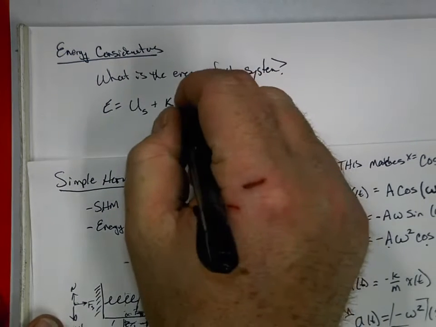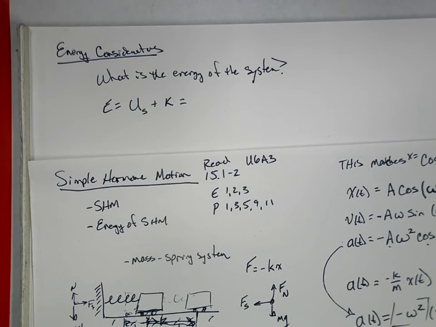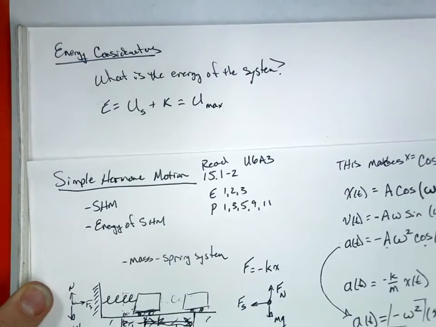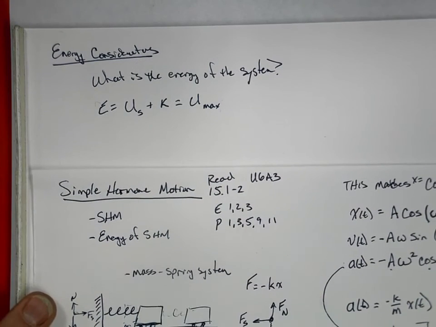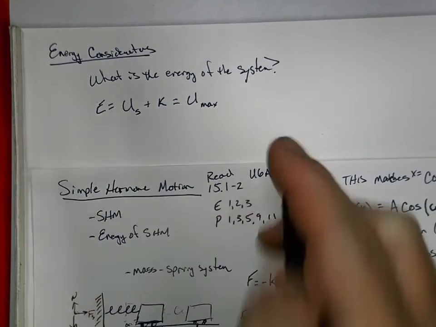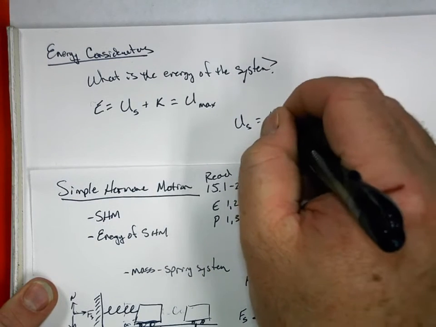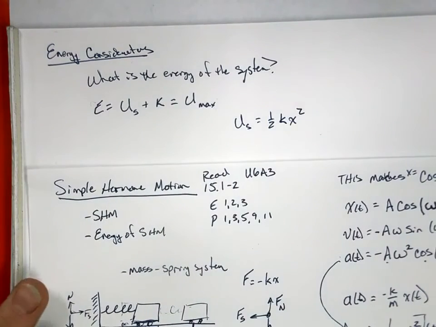And we know that once we let this thing go, the maximum kinetic energy, the maximum energy it could have at any time, is equal to the maximum potential. The stored energy of a spring is equal to one half kx squared.